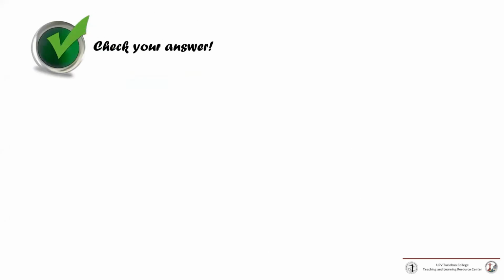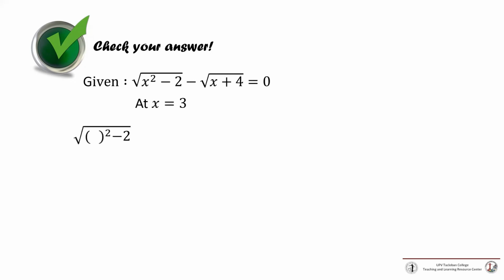Okay? So let's check our answers. So let's write the given original equation first. We have the square root of x squared minus 2 minus the square root of x plus 4 is equal to 0. And then we test if x is equal to 3 satisfies the given original equation.